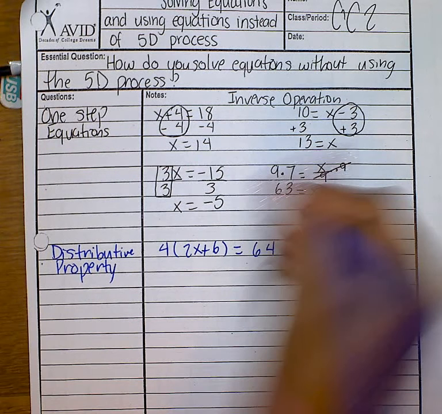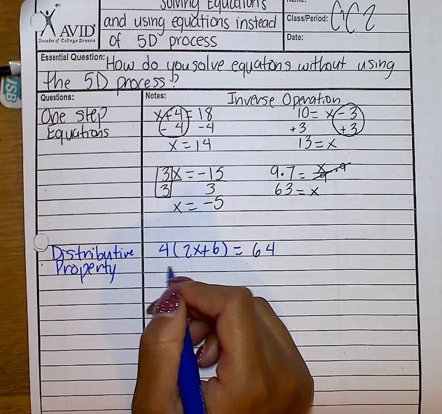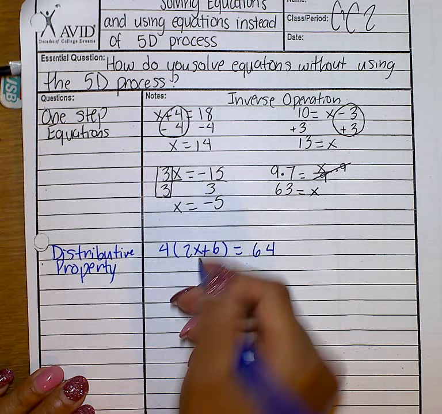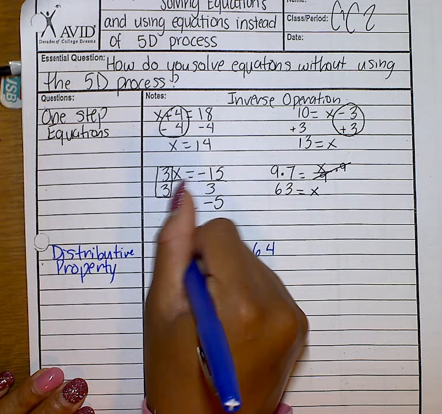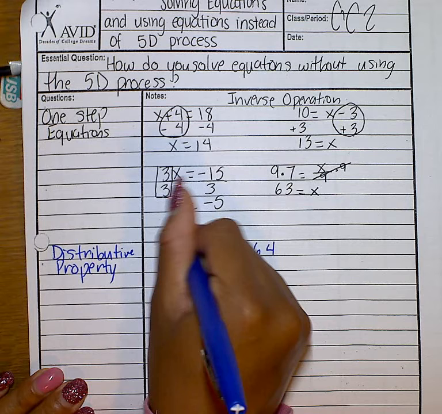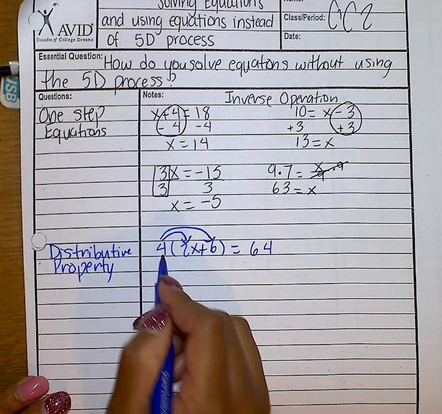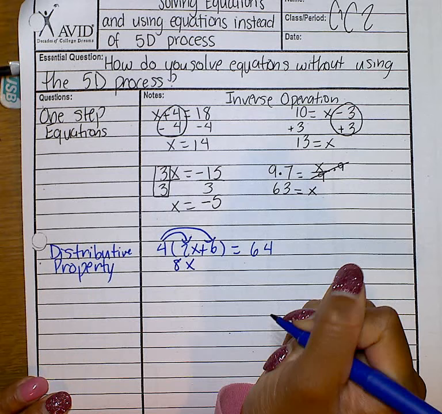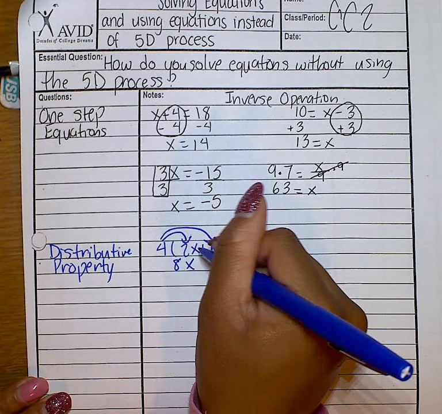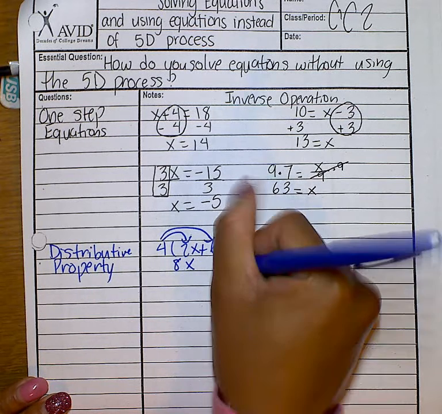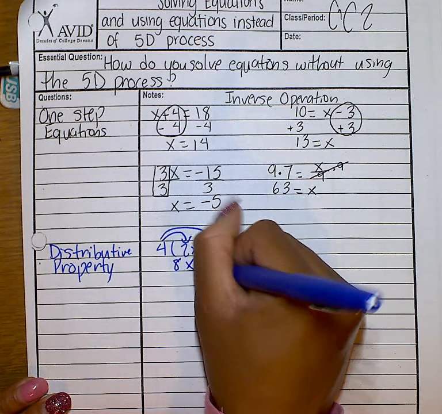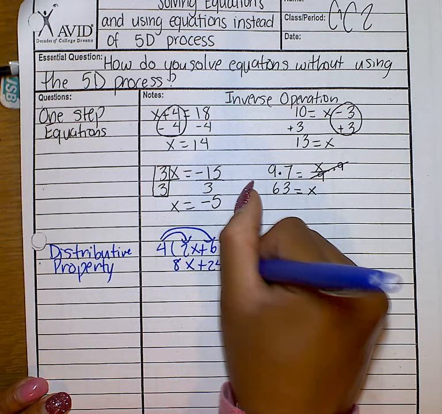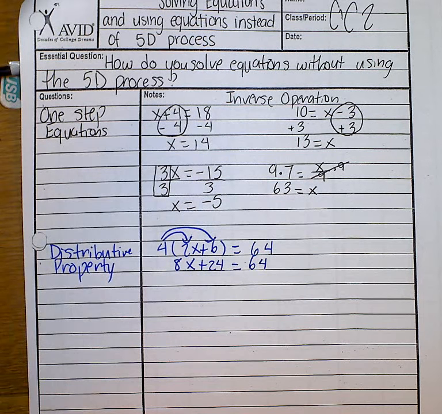So 4 is the number outside of our quantity, so you're going to multiply 4 by everything on the inside. So then 4 times 2x is 8x, and then 4 times 6 is 24. Just drop down your plus sign, is equal to 64. You just write everything else.